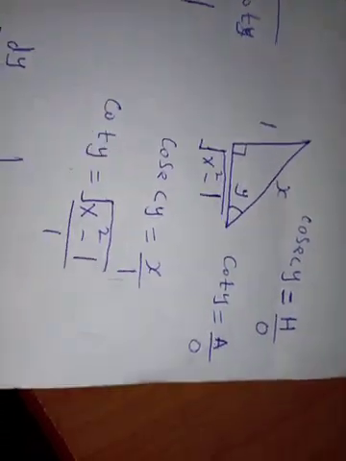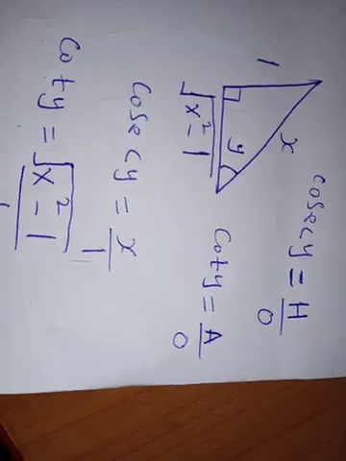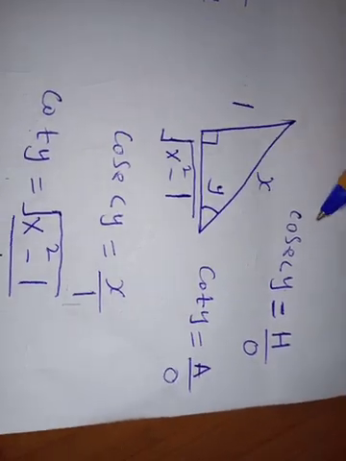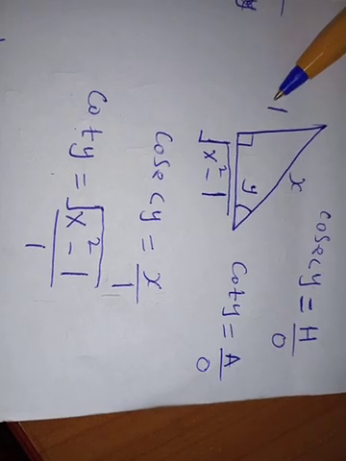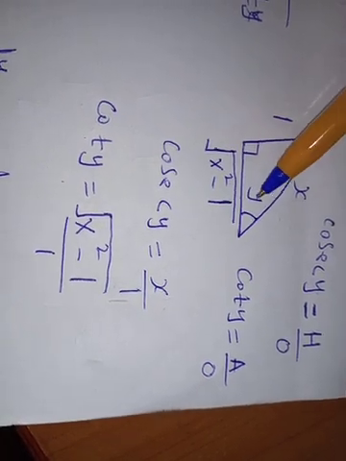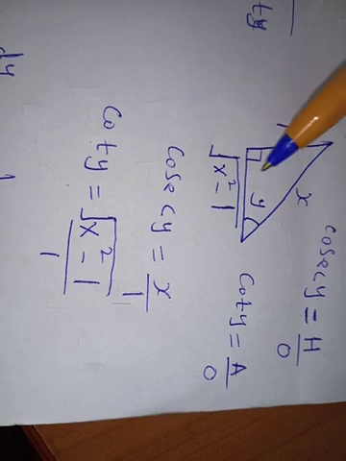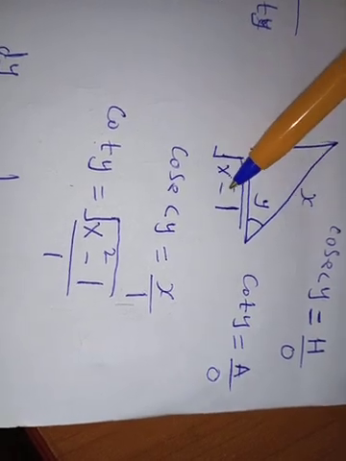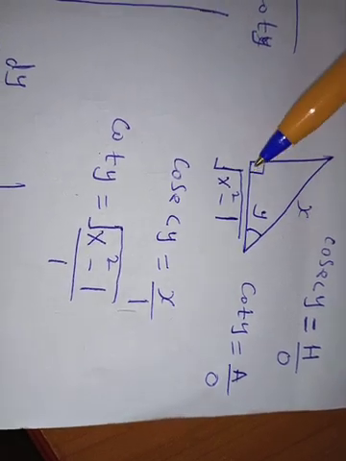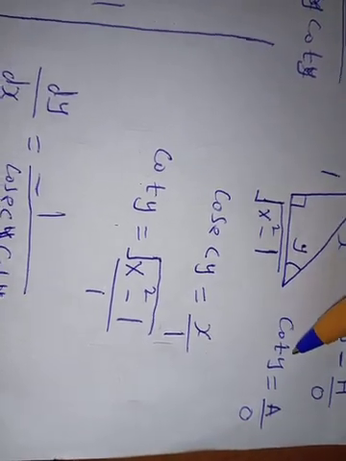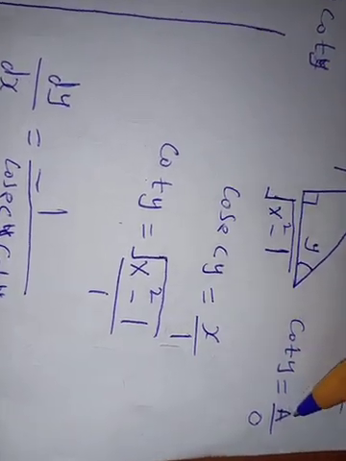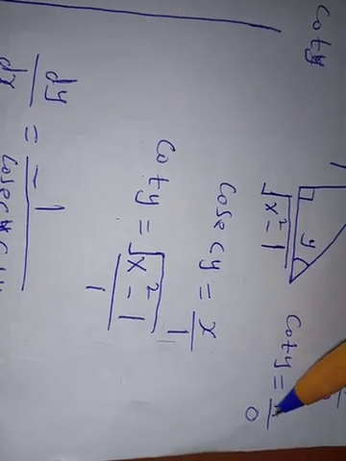So we now use a right-angled triangle as shown here. Cosec y is given by hypotenuse over opposite. So angle y will be at this point. To get the other side, we square x and subtract 1, with the square root, from Pythagoras theorem. So cot y will be given by adjacent over opposite.